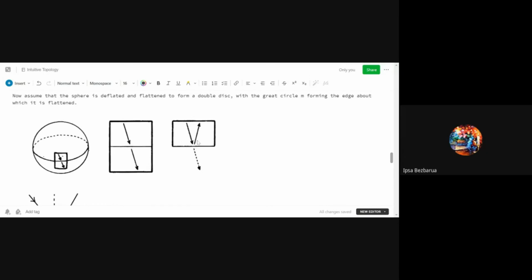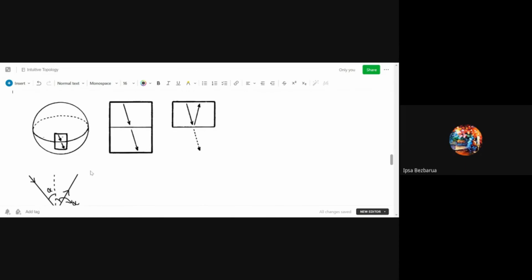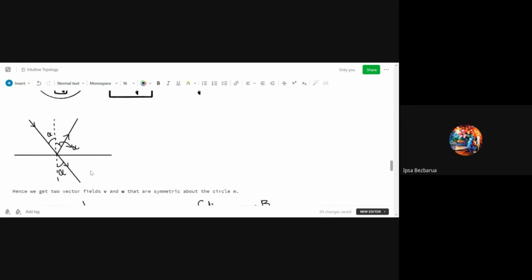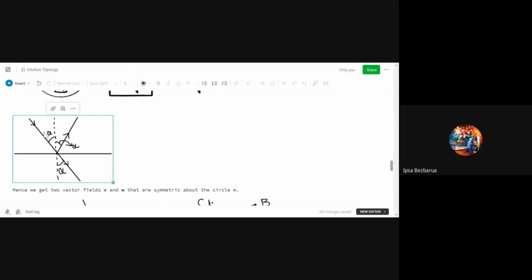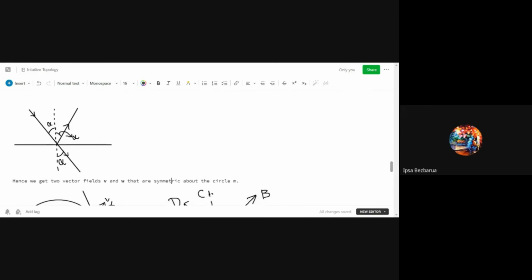So there are two different vector fields, one on the upper hemisphere of the sphere and the other belonging to the lower hemisphere. And as is evident from this picture, they are symmetric about the circle M. I can take a perpendicular and they'll form the same angle with respect to this perpendicular.